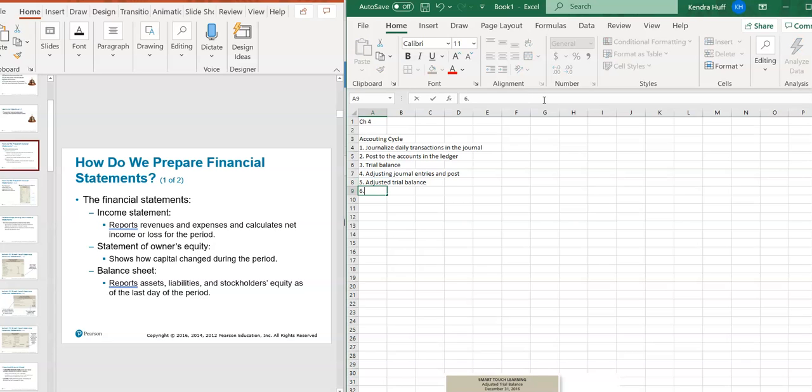Then from that, you can prepare your financial statements. Then we're going to do closing entries and post, and then a post-closing trial balance.